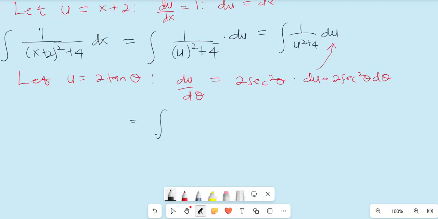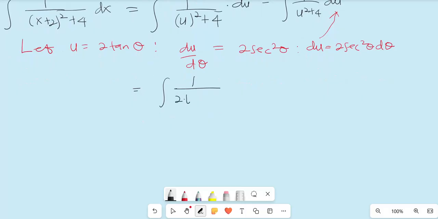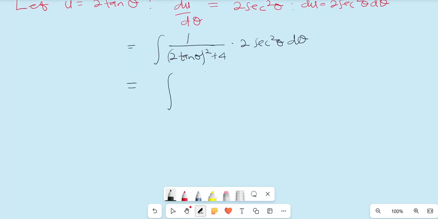So that is the integral of 1 over u. What is u? u is 2 tan theta, squared, plus 4, times du, which is 2 secant squared theta d theta. That simplifies to the integral of 1 over 4, since 2 squared is 4, times tan squared theta plus 4, times 2 secant squared theta d theta.